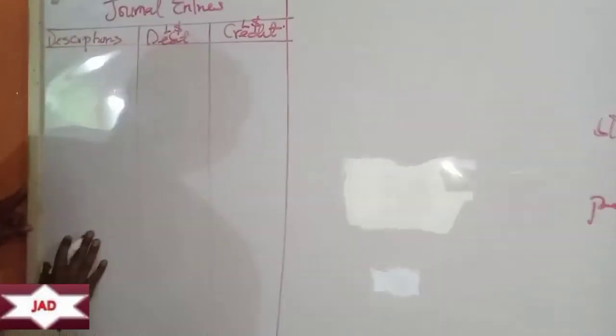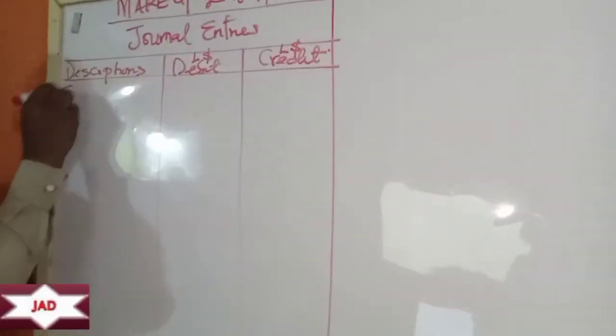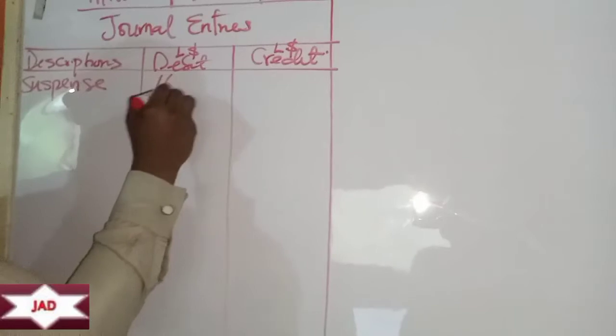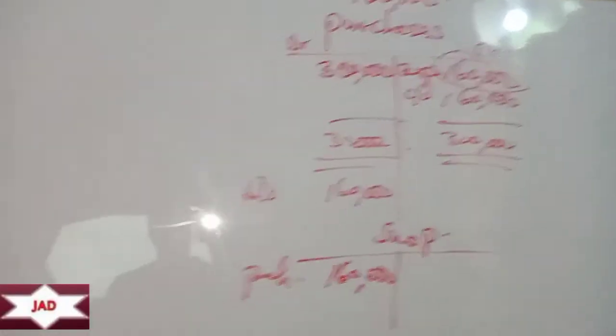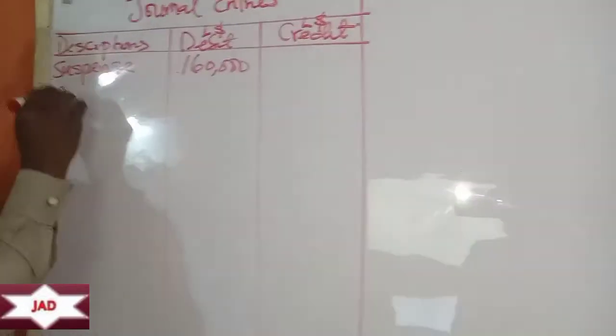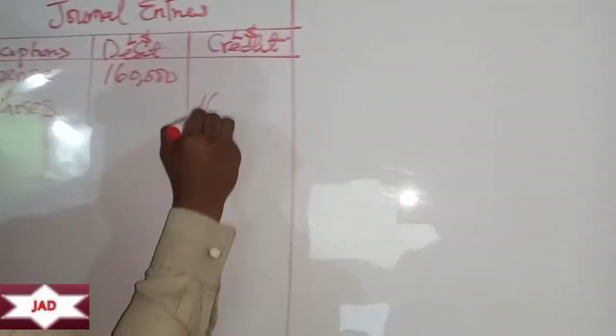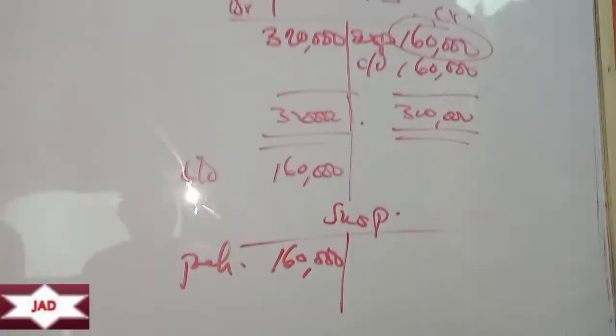So I have a journal here now. What did we debit? We debited suspense. So we say suspense debited with how much? 160,000 Liberian dollars. And then you say purchases credited with how much? 160,000 Liberian dollars. Okay, so then you narrate.